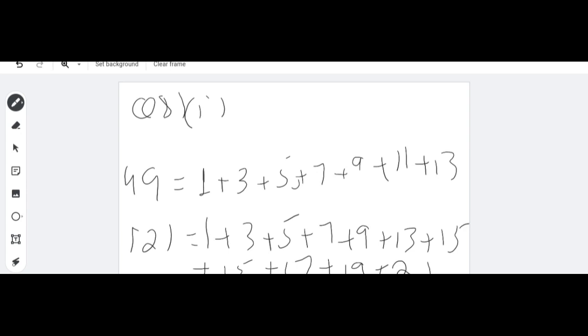Okay, now question number 9. How many numbers lie between the squares of the following numbers? So we know that there will be 2n numbers in between the squares of the numbers n and n plus 1.